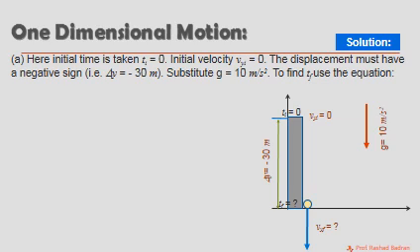Again, looking at the information we have from the problem, where t initial equals 0, the initial speed is 0. As the ball goes down from a height of 30, the displacement is minus 30 meters. And also we know that the acceleration due to gravity is 10 meters per second squared.